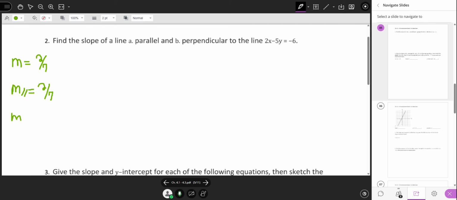And the slope perpendicular, or the slope that's at a 90-degree angle to it, is the opposite sign and the fraction flipped over.